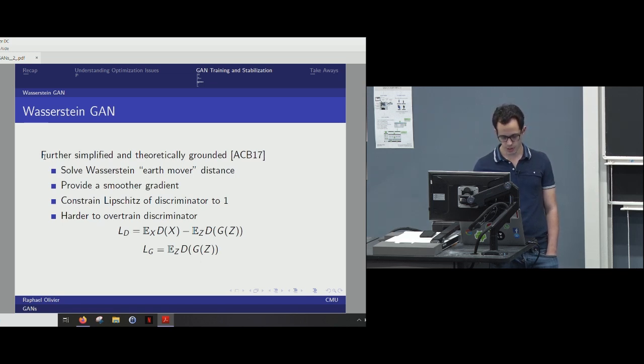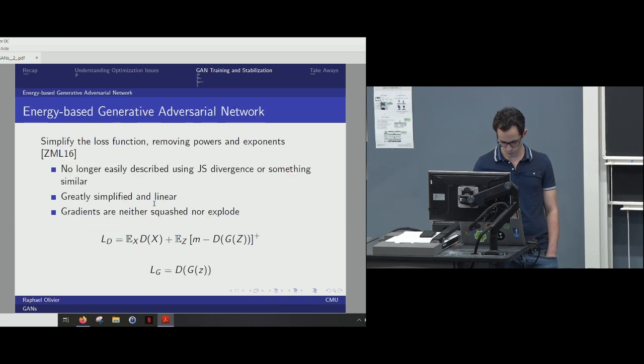And in terms of optimization, they just look at the very, very simplified problem where you just take the real minus the fake, and the discriminator is trying to make that big, and the generator is just trying to make the fake small. So you don't even have the max, the positive part term that you had here.